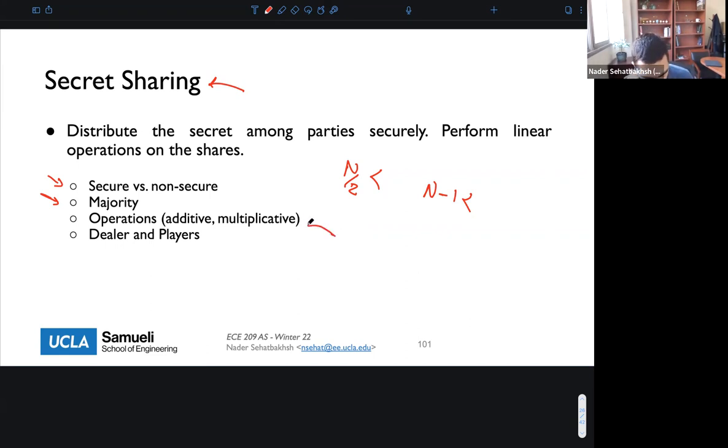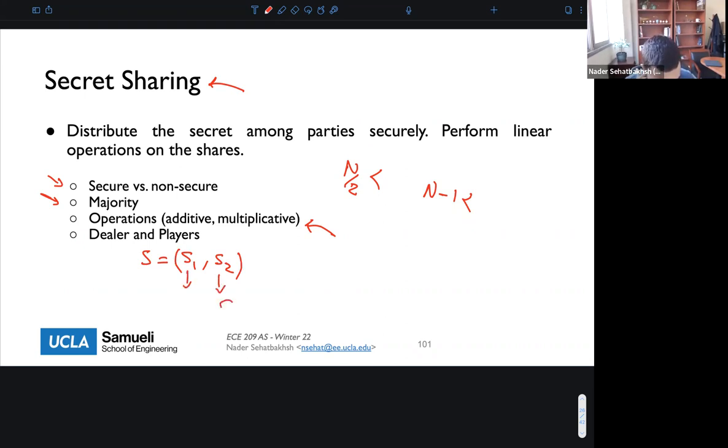But people have shown that you can actually do operations on secret sharings. Similar to the way that we showed that homomorphic encryption can be evaluated using addition and multiplication, people have shown that if you have a secret shared between S1 and S2, we can add it with some other values.